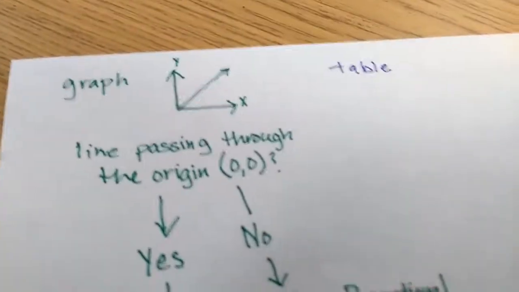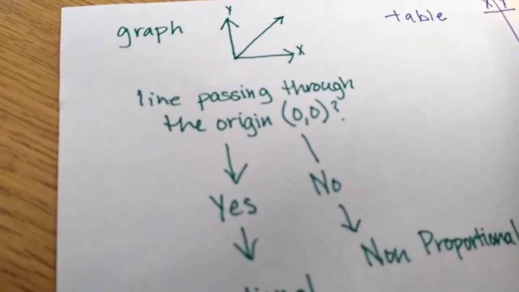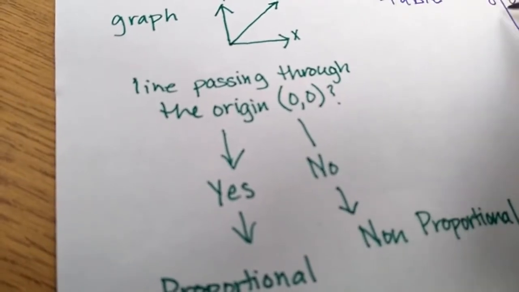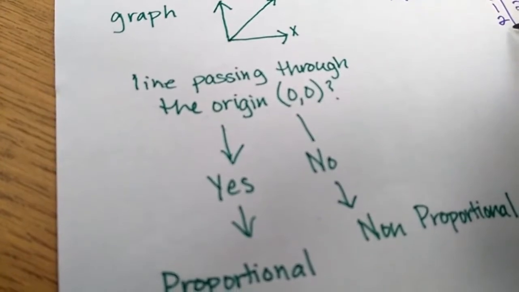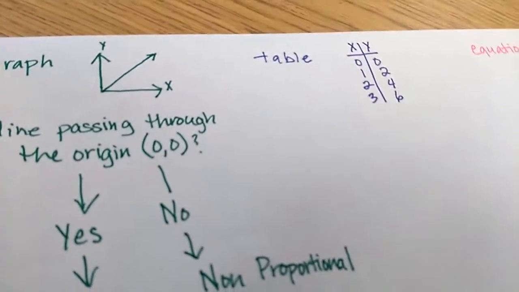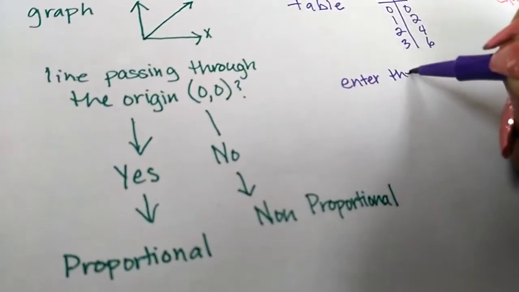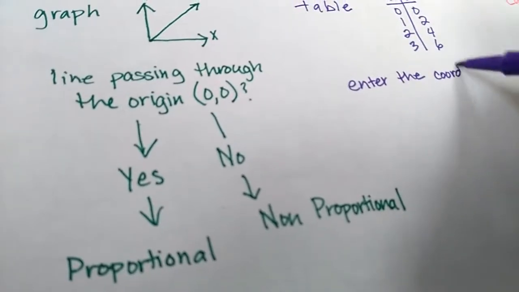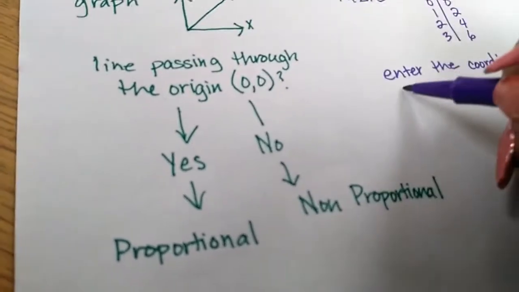Let's say you were looking at a table. Your x and your y coordinates. Okay, have a table. And what you're going to do, enter the coordinates into the calculator.